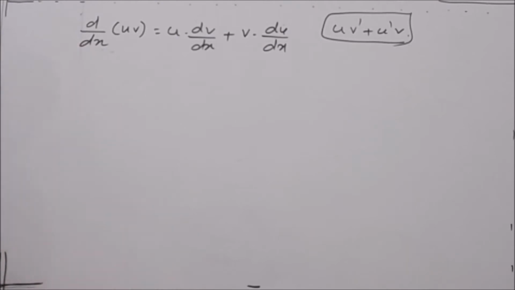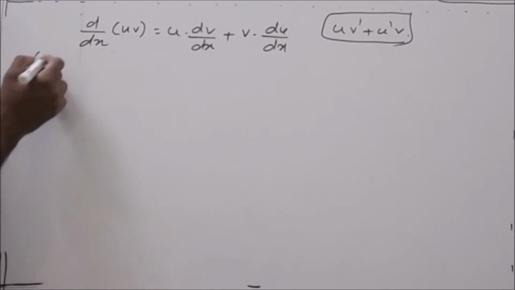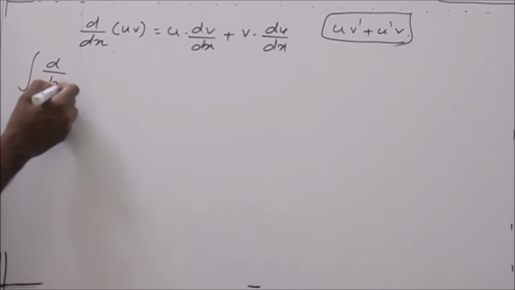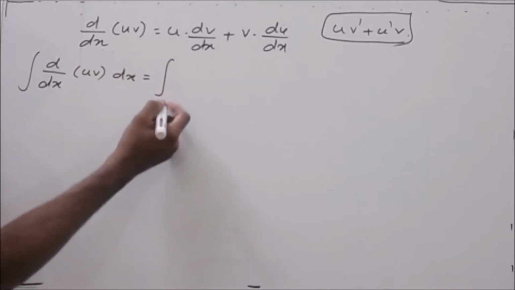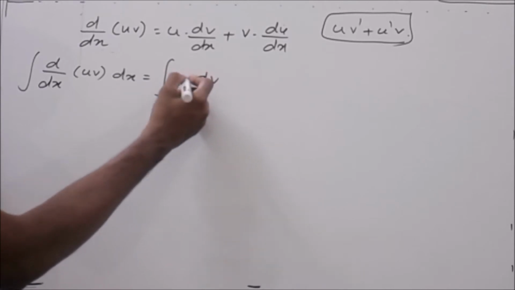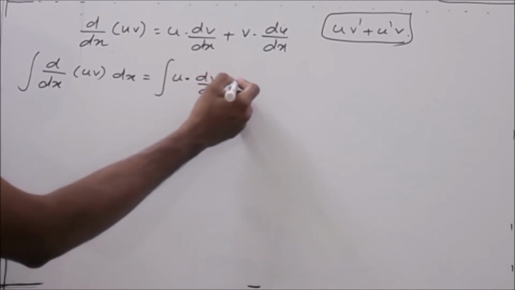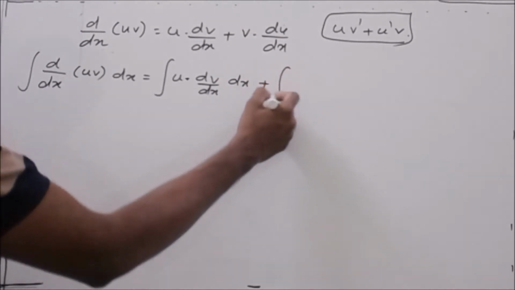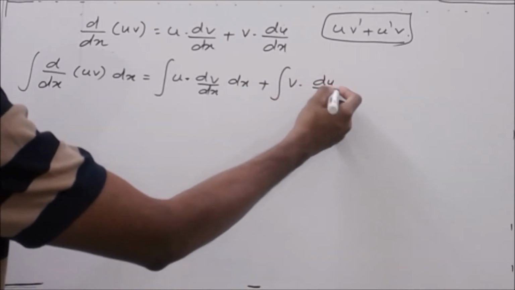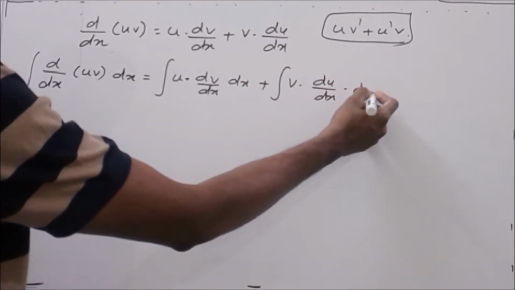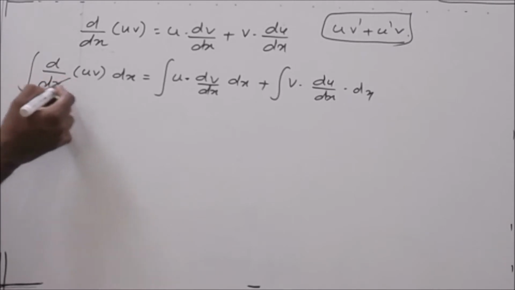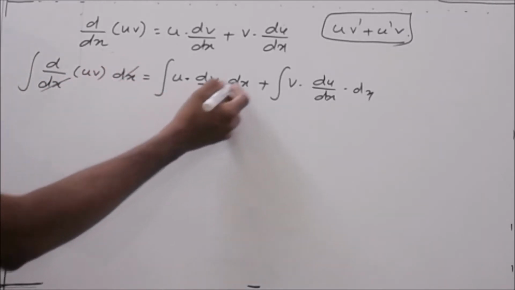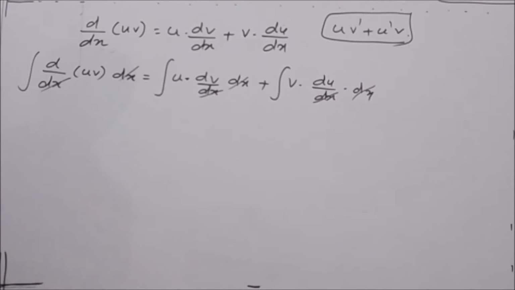Now integrate this. I am integrating the derivative function, which implies dx and dx get cancelled. Here dx cancels, here dx gets cancelled.